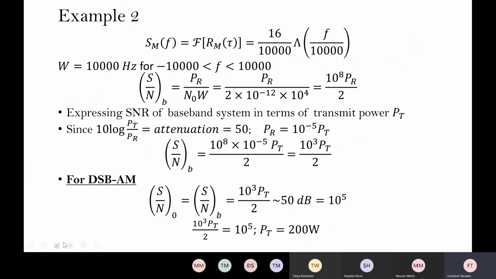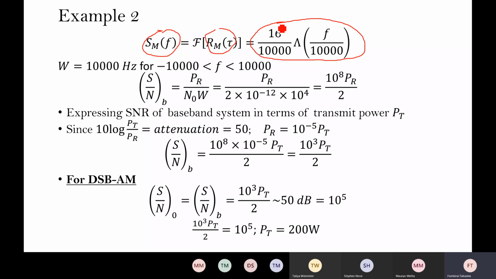We know the autocorrelation, and if we know the autocorrelation, which is Rm of tau, it means we can calculate the power spectral density, because we know that the power spectral density and the autocorrelation are a Fourier transform pair. So since our autocorrelation is a sinc squared, then the power spectral density, we can look it up from tables, and we'll see that it is essentially a rectangular function in frequency.